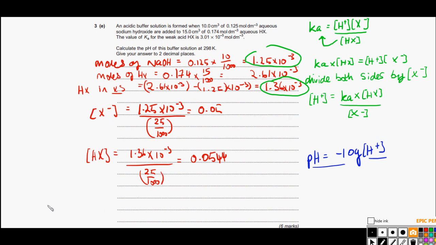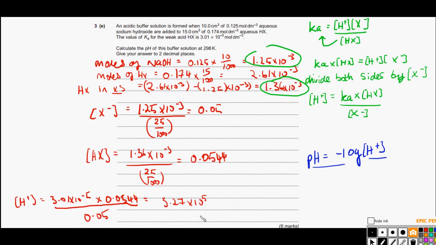So H+ is equal to Ka, which is 3.01 × 10⁻⁵, times HX, which is 0.0544, all divided by our X minus, which is 0.05, and you should find that gives you 3.27 × 10⁻⁵.